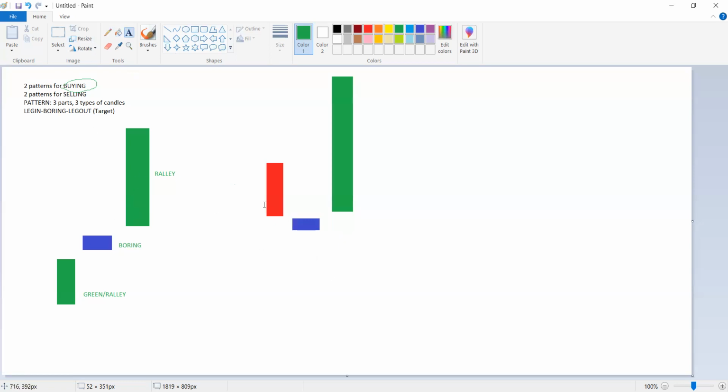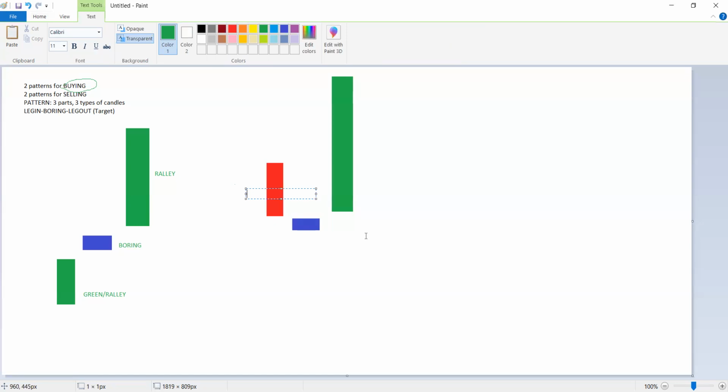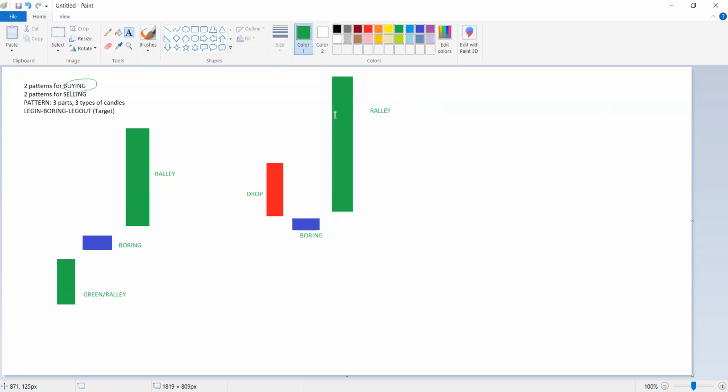So this is drop. This is boring. Again leg out. If you observe, in both the patterns the leg outs are green, so these two are the buying patterns. The leg in is different.